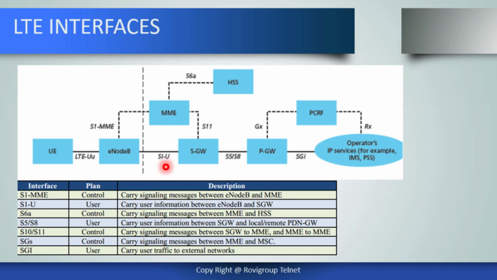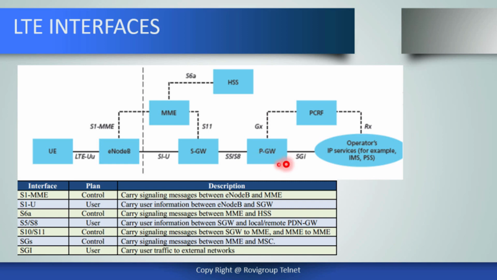or traffic information. For instance, when a web page or a YouTube video is requested by the UE, it comes through the ISP service provider, which is the internet service provider, through the SGi interface. This interface carries user traffic to the external network and from the external network to the internal LTE network.